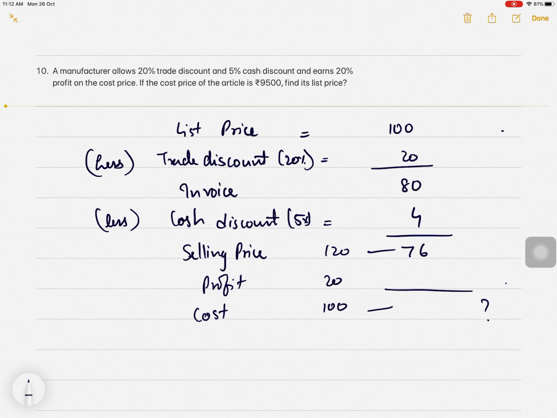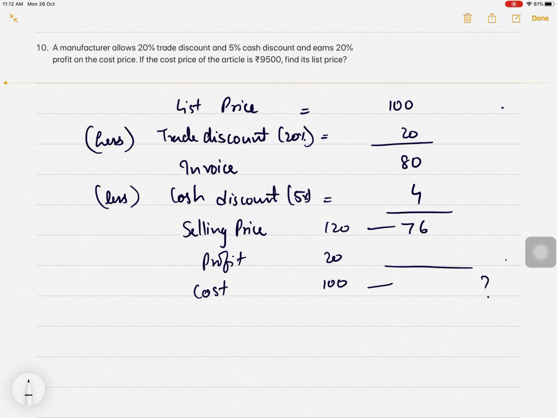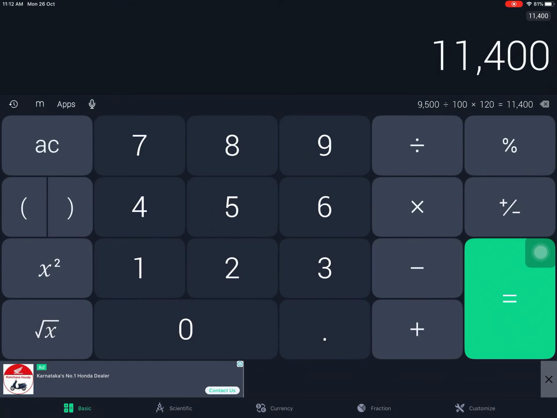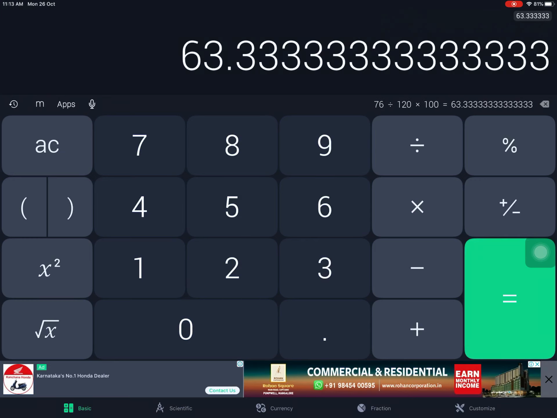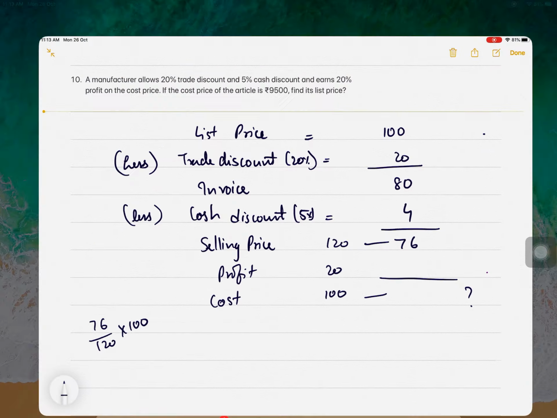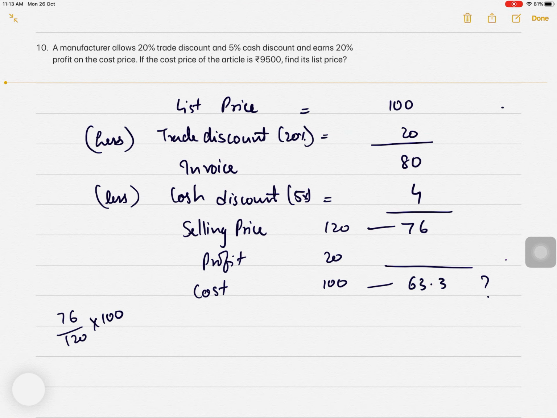So when you do this, 76 divided by 120 into 100. It comes to 63.33. Okay. 63.3333 is the continuation. That means if list price is 100, cost price is 63.3333.